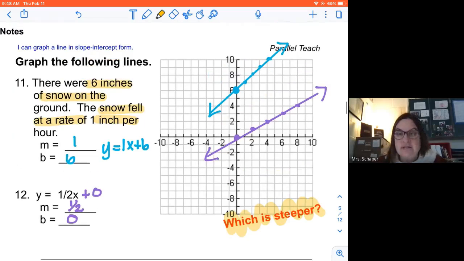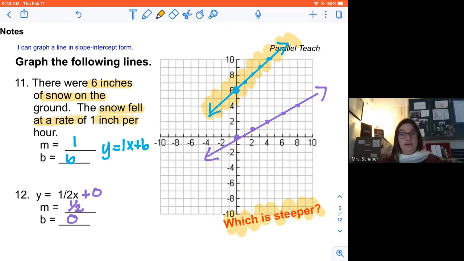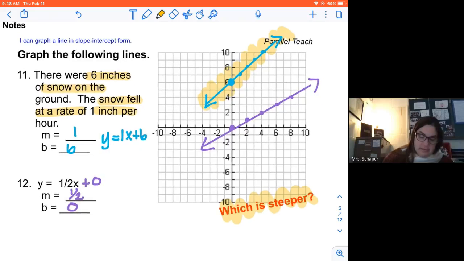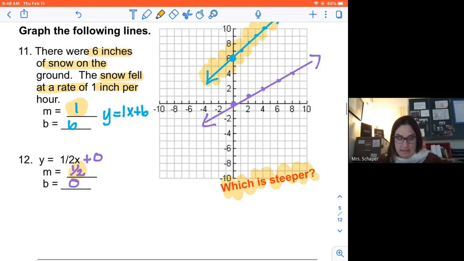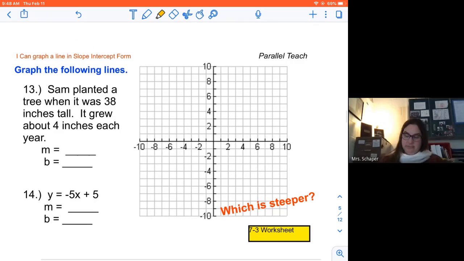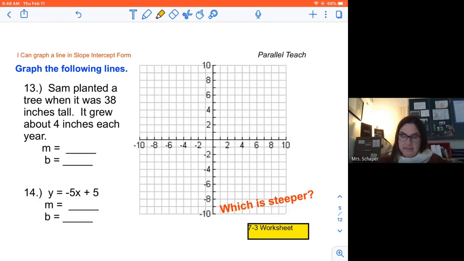If you went sledding down these 2 hills, which one are you going to go faster on, right? It's going to be the blue line. Look at the slope of the blue line. Look at the slope of the purple line. We're going to come back to this.